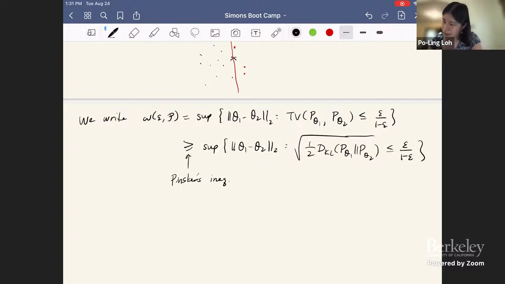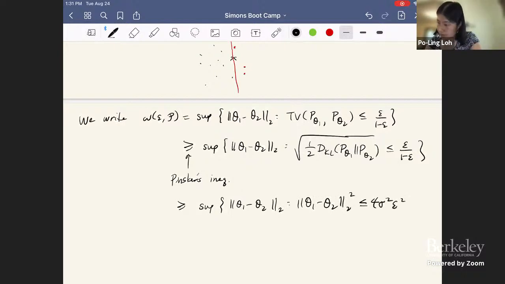And this is now greater than or equal to the following. We had a formula earlier for the KL divergence between Gaussian distributions, and you can explicitly write this down. So you get the supremum of theta 1 minus theta 2 such that the norm of theta 1 minus theta 2 squared is less than or equal to 4 delta squared epsilon squared.